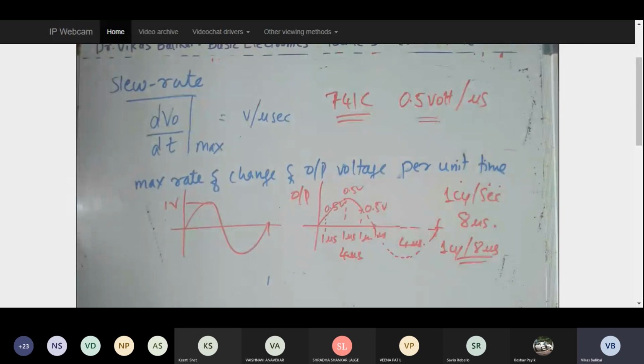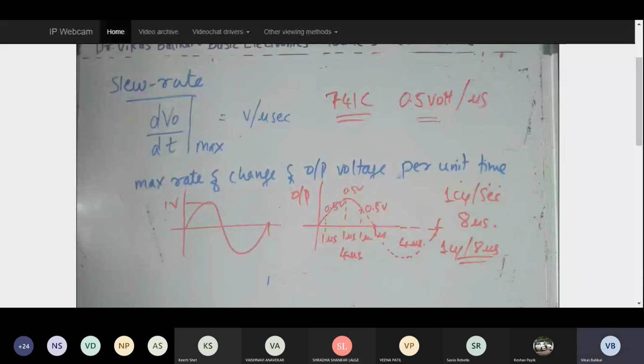If we have more than that, then we'll have a distorted output. So that is the main reason this slew rate is set, and I cannot expect the same change at the output as per the input voltage. So that is what is known as your slew rate. This is one thing that you should remember in terms of the op-amp characteristics.